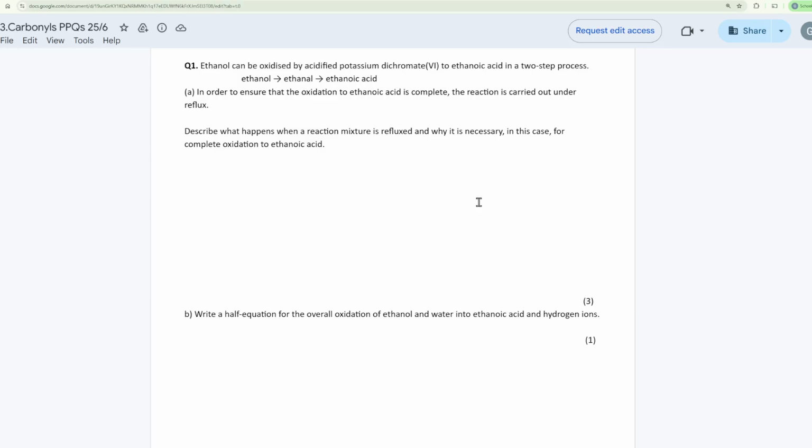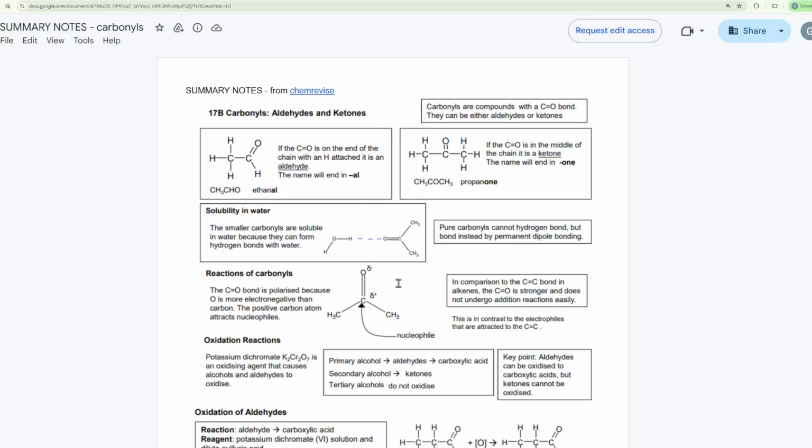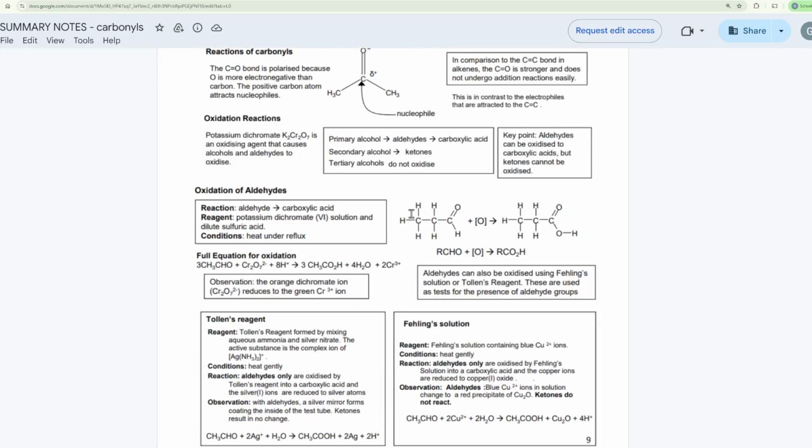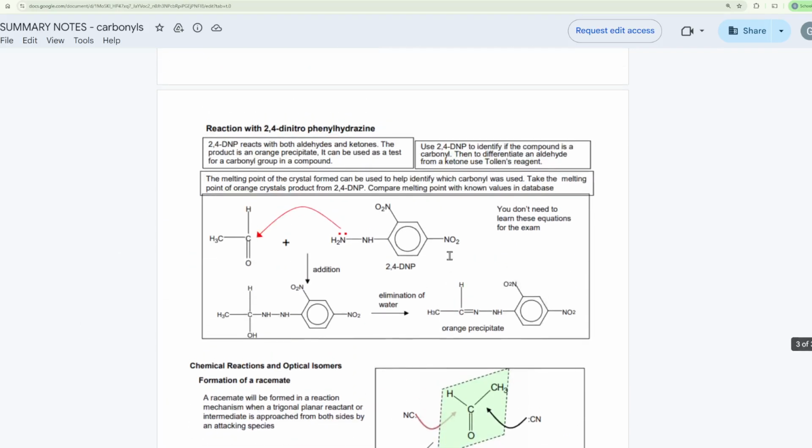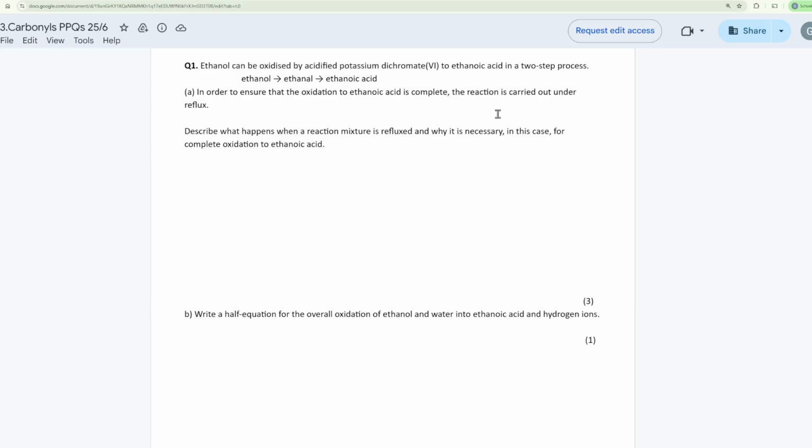Because I know that it won't oxidize if it's not refluxed, so that might help me get my answer, but I don't think this is something that's explicitly mentioned here. It just says under reflux, it doesn't actually explain that at any point. That's kind of a general thing. Not really sure what I need to be looking for here.